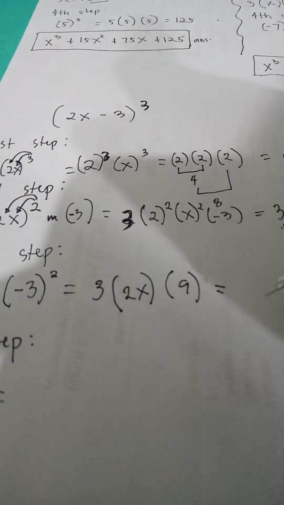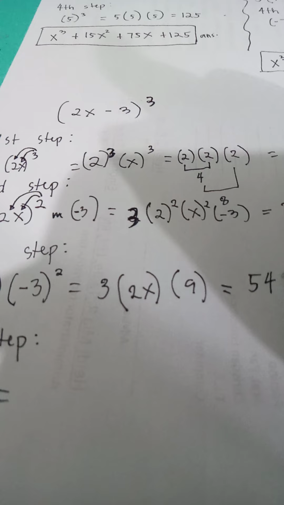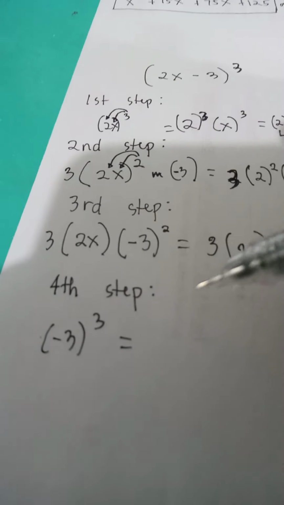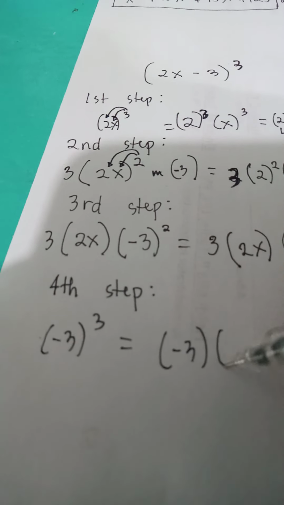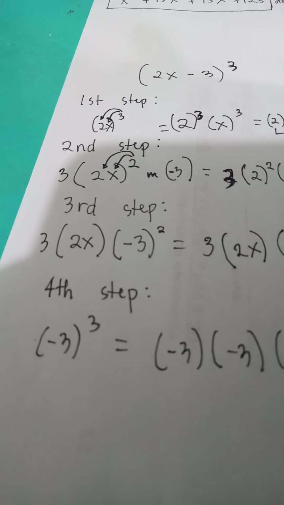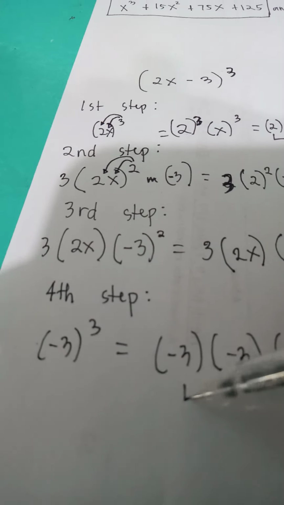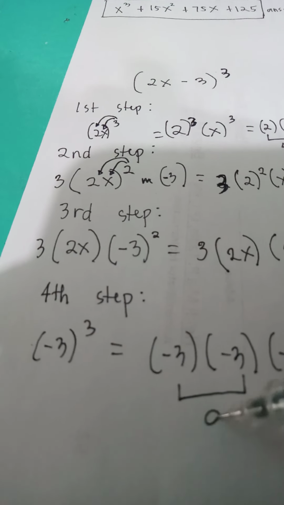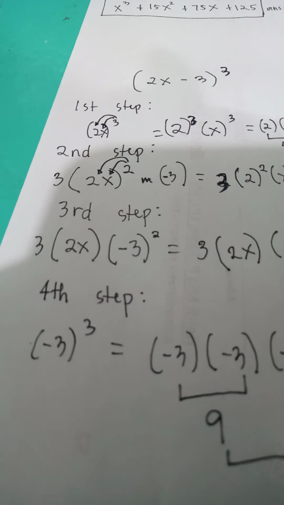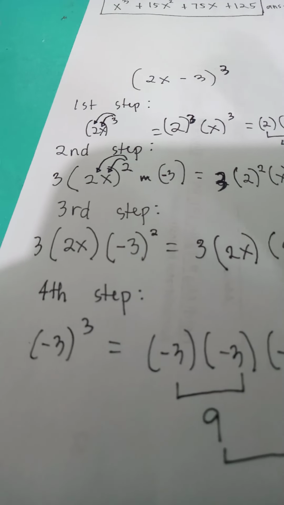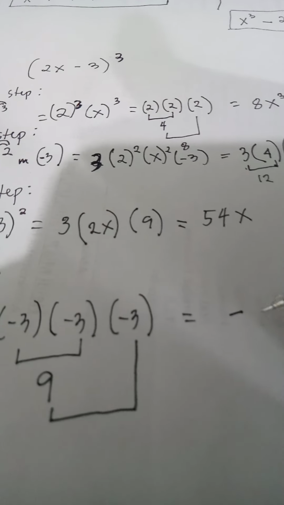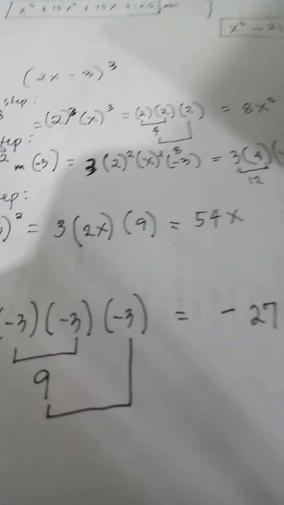So, that is 54x. Next, negative 3 times negative 3 times negative 3. So, negative 3 times negative 3, that is positive 9. Positive 9 times negative 3, the answer is negative, and that is negative 27.